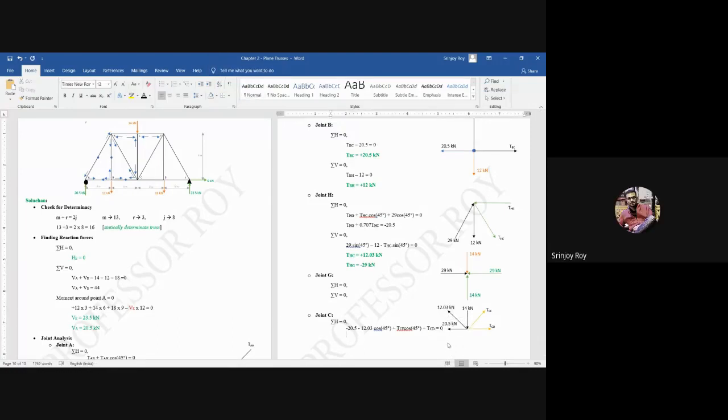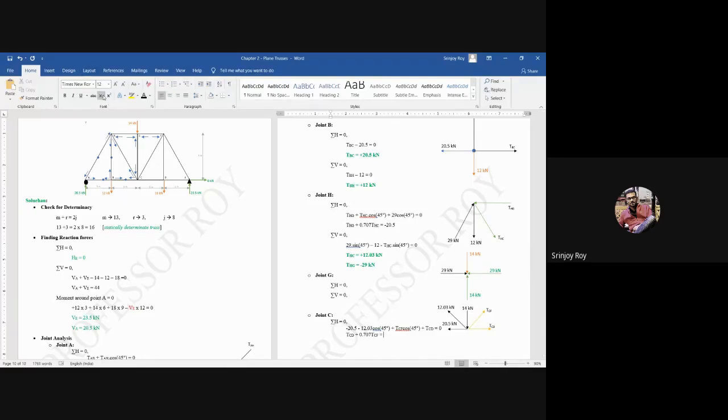Everyone, so from here what we can decipher is TCD plus TCF cos 45 equal to 29.006. Cos 45 is 0.707, which seems a bit easier, otherwise cos 45. See sir, again I'm telling you life hacks.